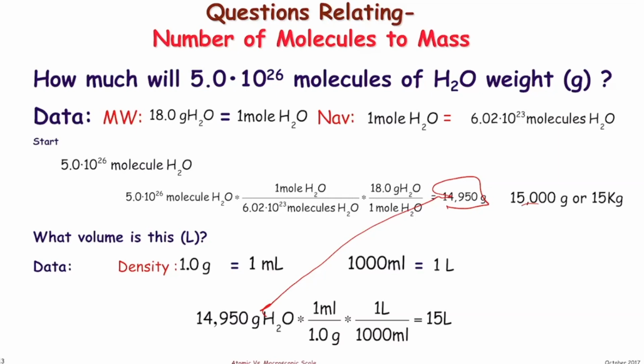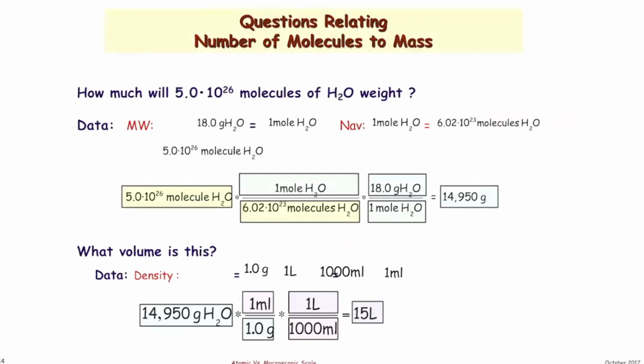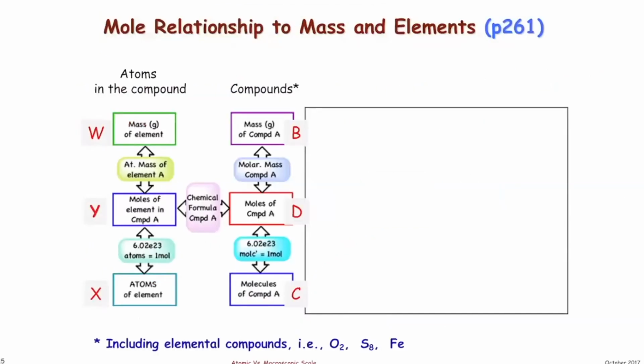Let's see how this is done in a stoichiometry problem. Okay. The way you want to work these problems is through this chart. This chart shows you the steps in doing dimensional analysis. If you have a compound, look down here.